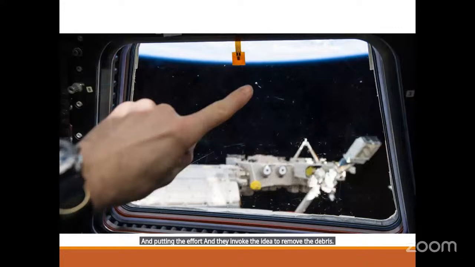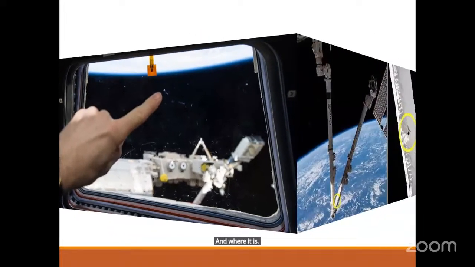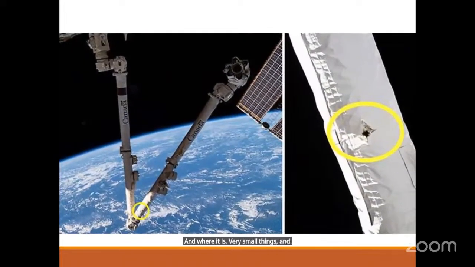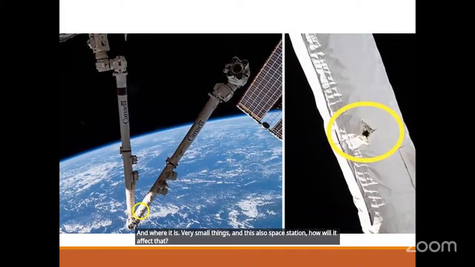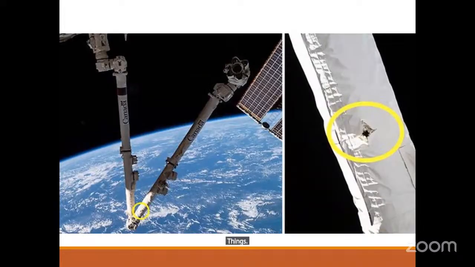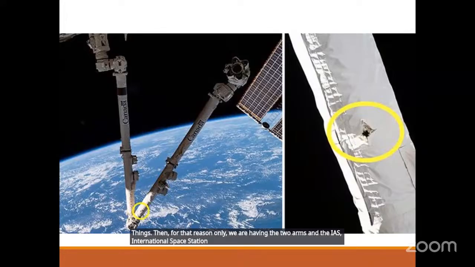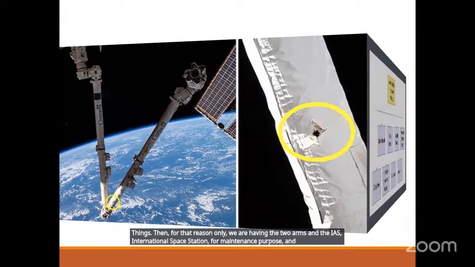In spacecraft itself, they are observing how the debris comes and where it is. These are very small things, and they also affect the space station. For that reason we have two arms on the International Space Station for maintenance purposes and for rectifying such smaller things.